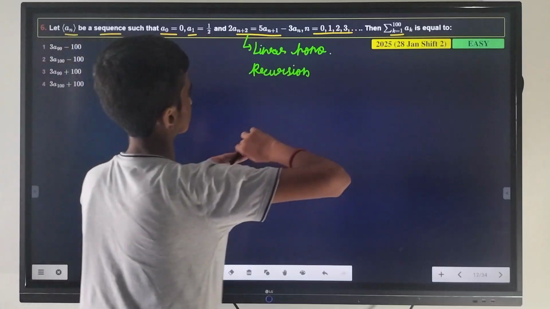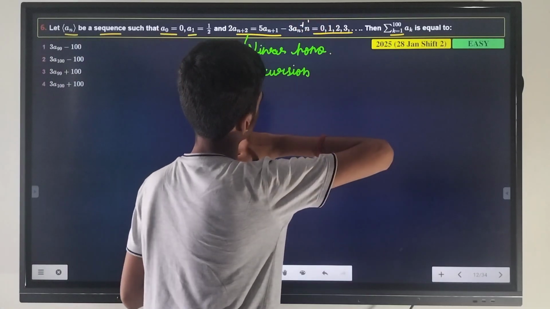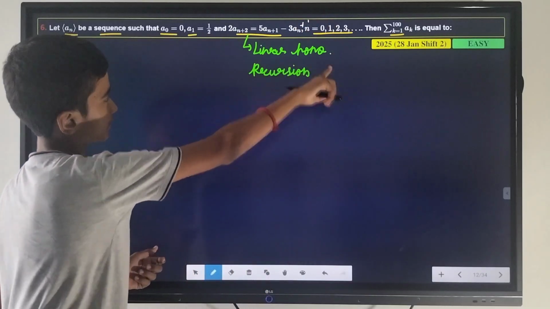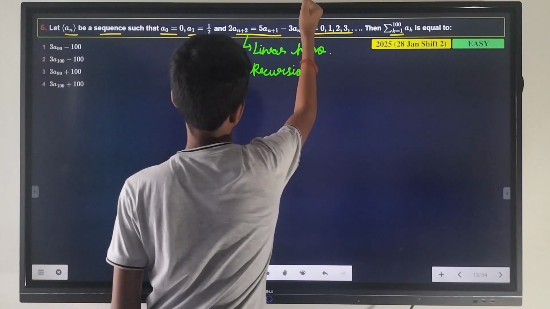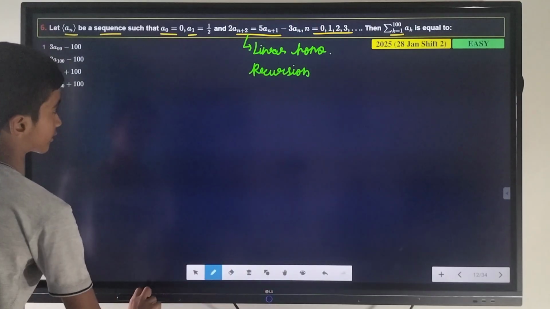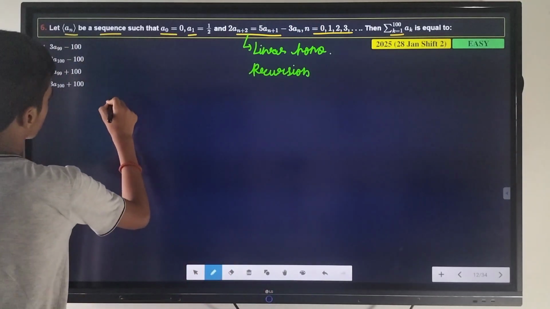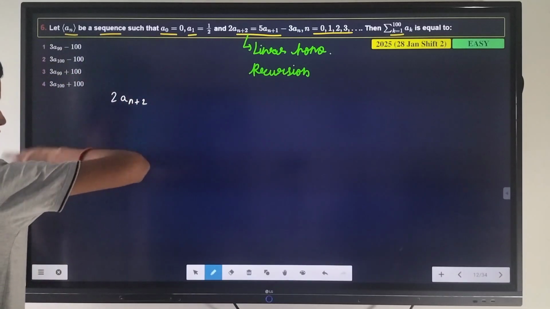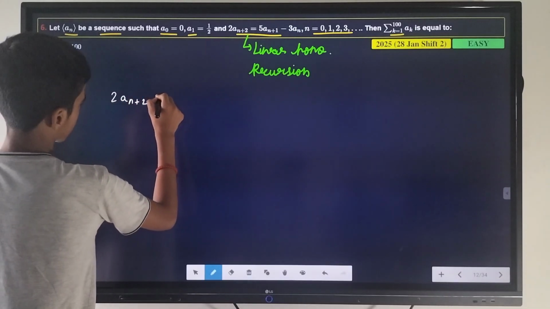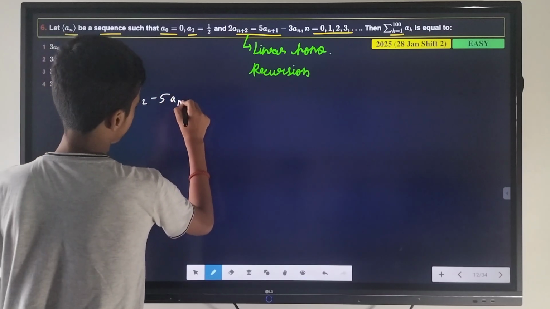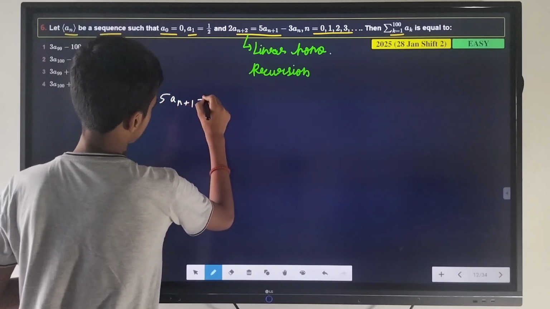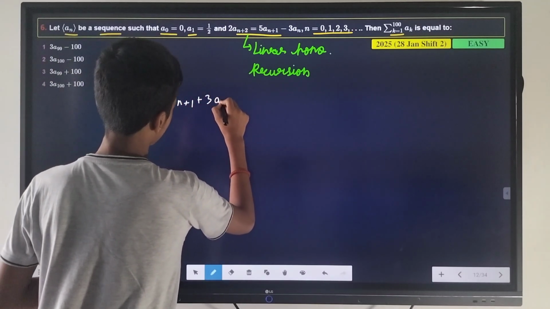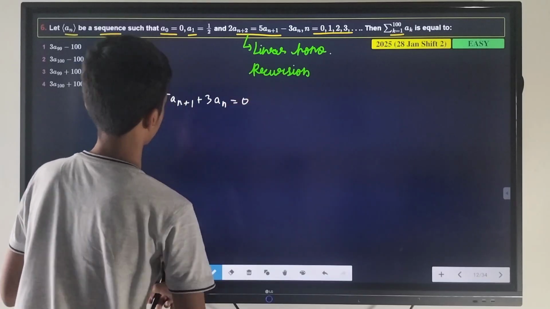Suppose if here we have added a constant plus 1, then this would not be linear homogeneous recursion. So let's write our equation. 2a n plus 2. We will take all the terms to the left hand side. Minus 5a n plus 1 minus 3 plus 3a n is equal to 0.